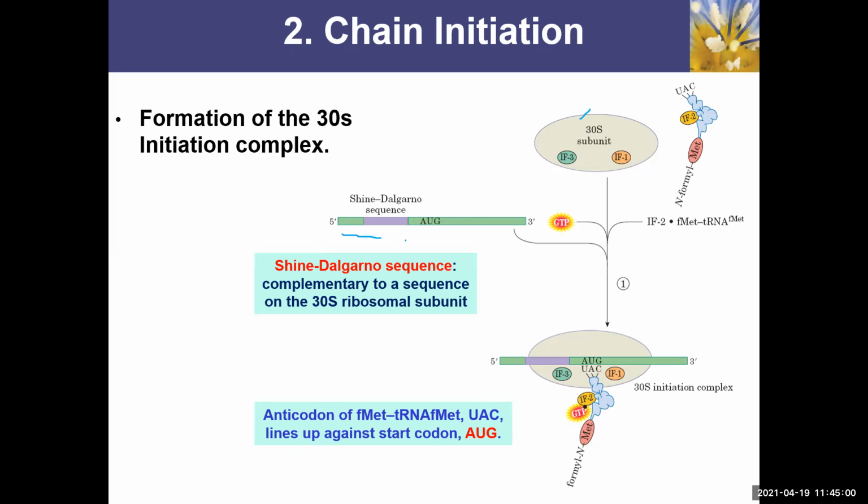Look, this is the mRNA over here. And then we also need some initiation factors, IF1, 2, 3, for example. You will see that this mRNA will slide through this smaller subunit until the first codon, called AUG, is exposed.